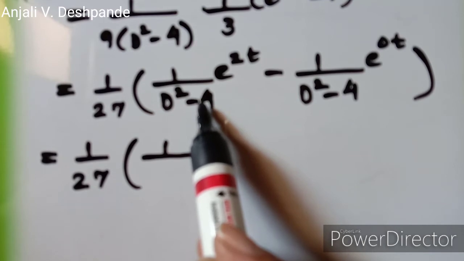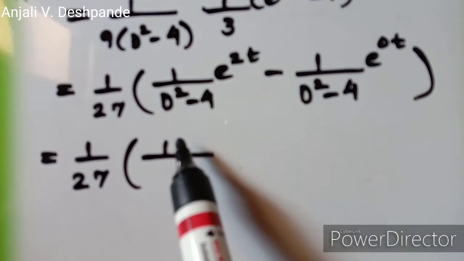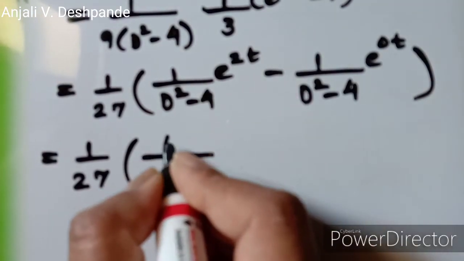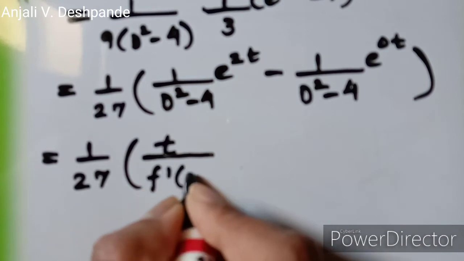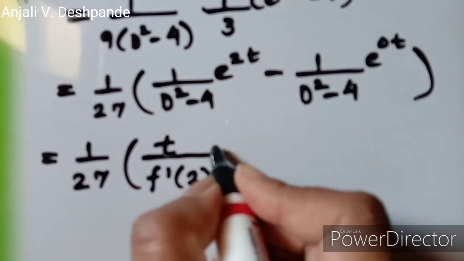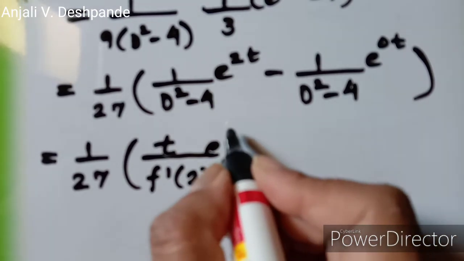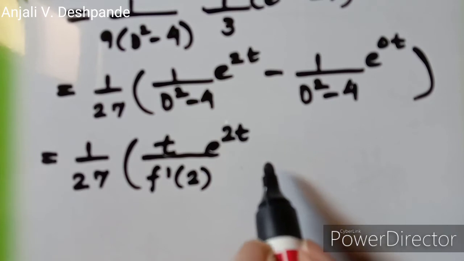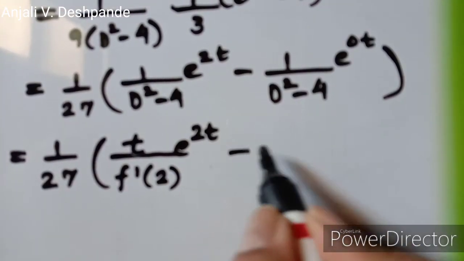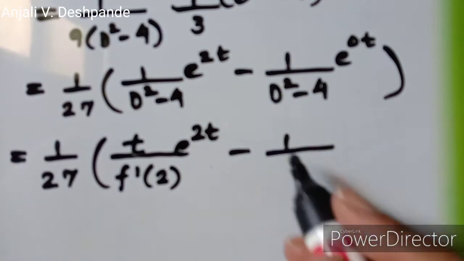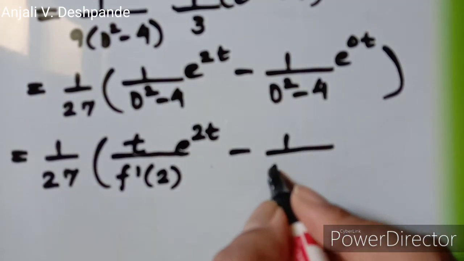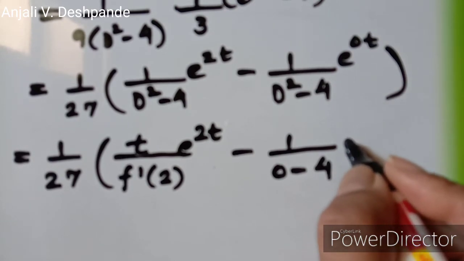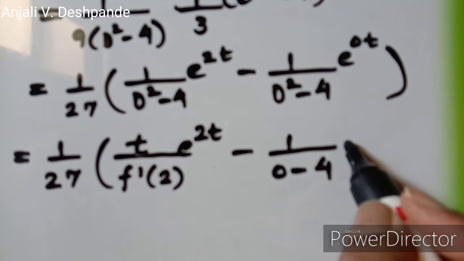So in this particular case, the particular integral is going to be given by t over f'(2) e^(2t). And in the second term, of course, we are going to put 0 in place of D. So 0 minus 4, and e^(0t) is of course 1.